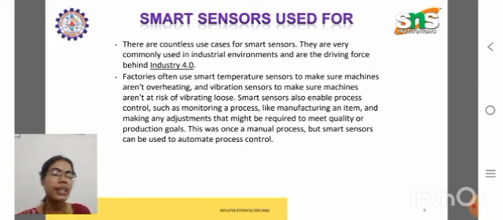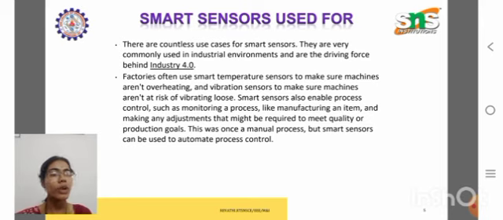Where are smart sensors used, and what are they used for? There are countless uses for a smart sensor. They are very commonly used in industrial environments and are the driving force behind Industry 4.0, which is a recent technology. Factories often use temperature sensors to make sure machines aren't overheating and vibration sensors to make sure machines aren't at risk of vibrating loose.